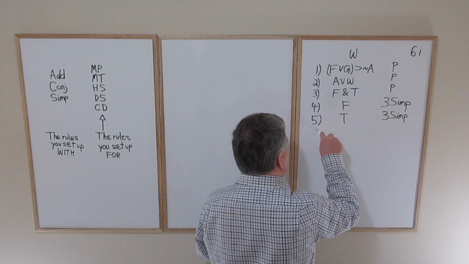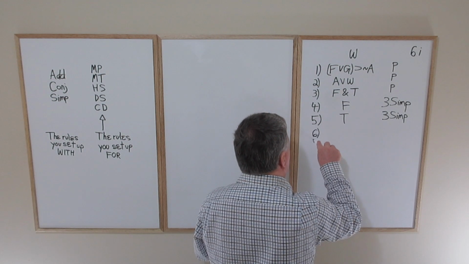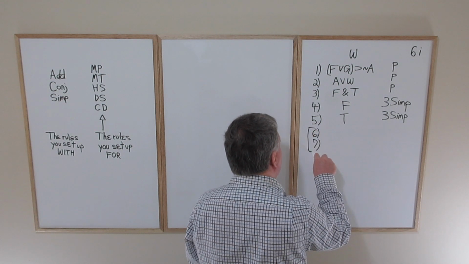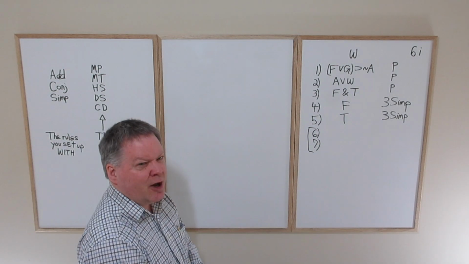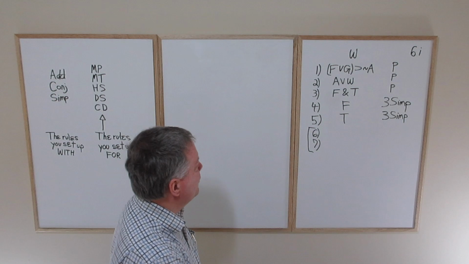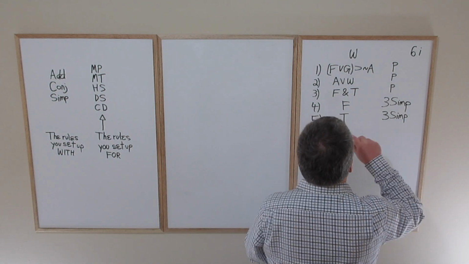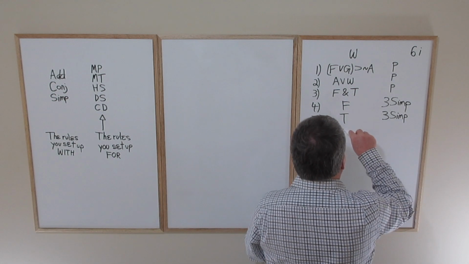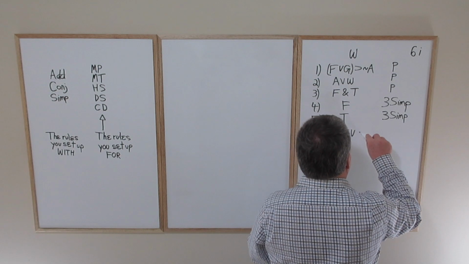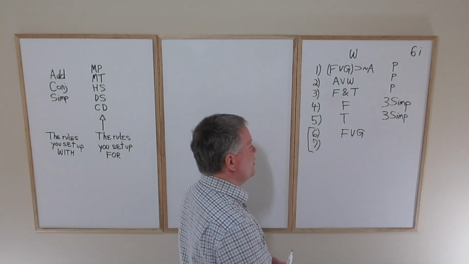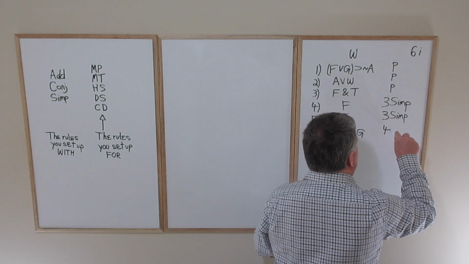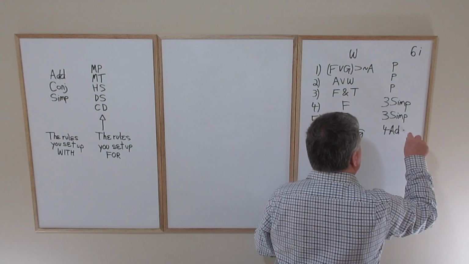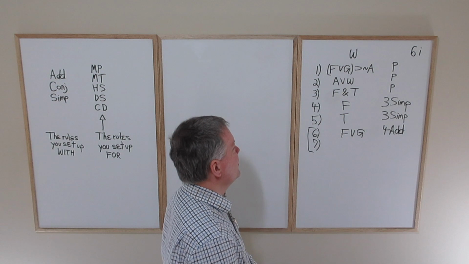Now, déjà vu all over again. We're going to do the addition step setup for a modus ponens. And the addition we want to do is F or G, so that's 4 addition.